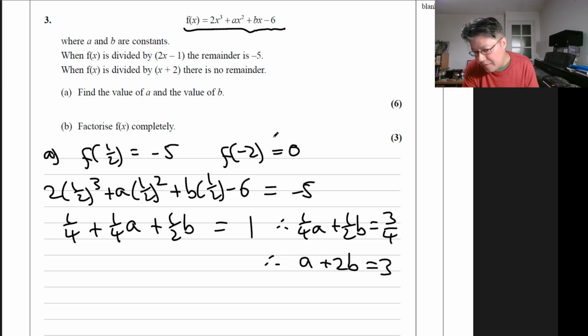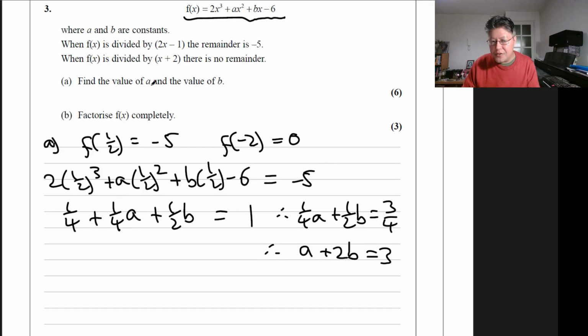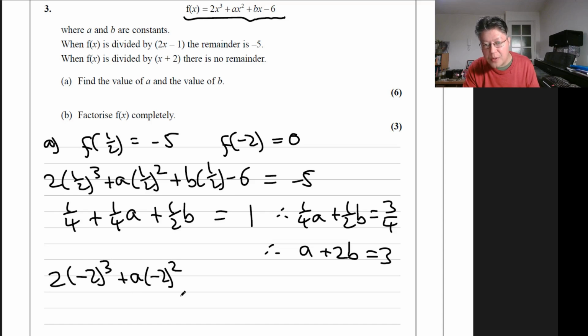From the second bit of information, we'll get another equation. So let's substitute minus 2 in for x. So we get 2 times minus 2 cubed plus a times minus 2 squared plus b times minus 2 minus 6, and that should equal 0. So we'll just work this out. This is minus 8 times 2, which is minus 16.